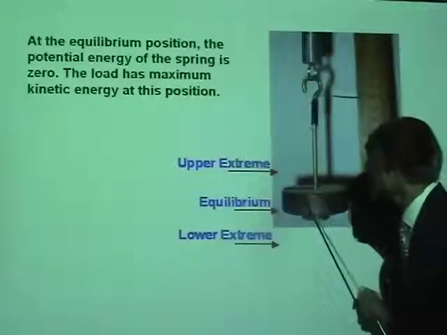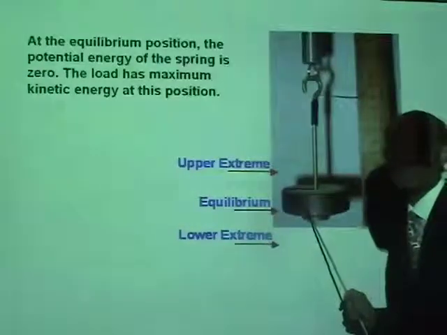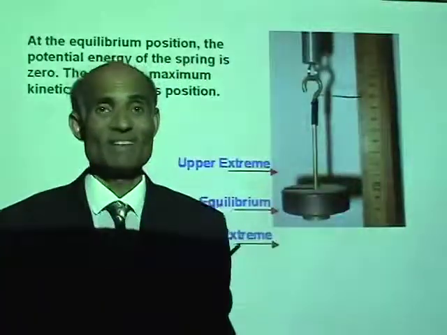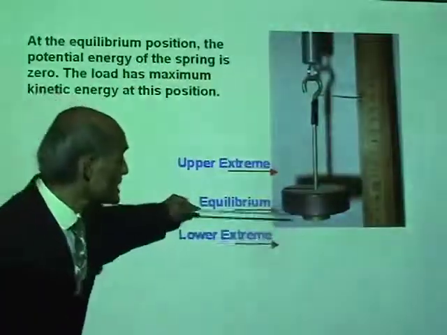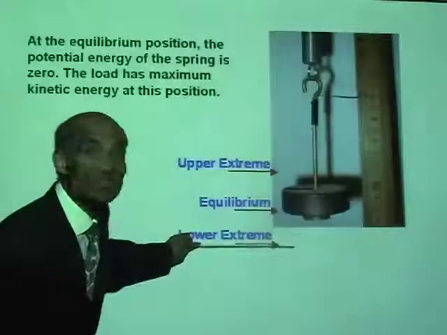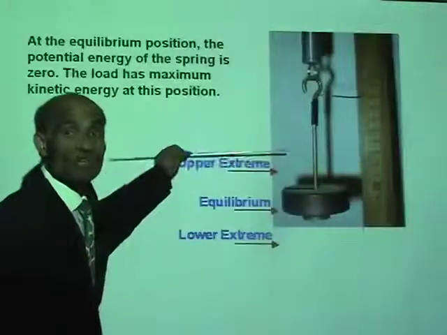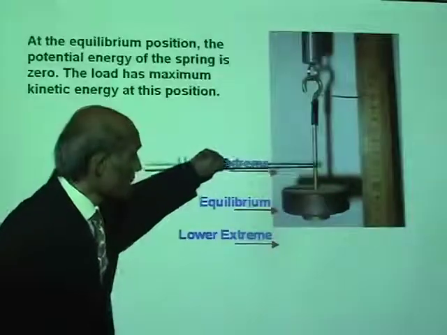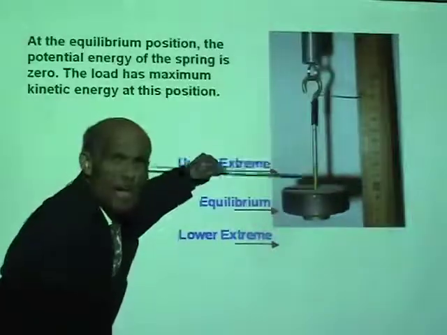And how about the energy of this mass? When will this mass have the maximum velocity? Its velocity is 0 at the lower extreme. Its velocity will be 0 at the upper extreme. Now, from the upper extreme it gets pushed down.